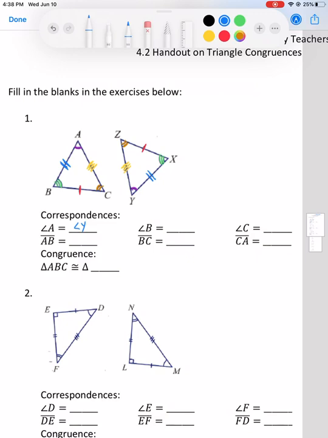Angle B has three green marks on it, so it corresponds with angle X that also has three green marks on it. And angle C has two orange marks on it, and angle Z has two orange marks on it, so they are equal.